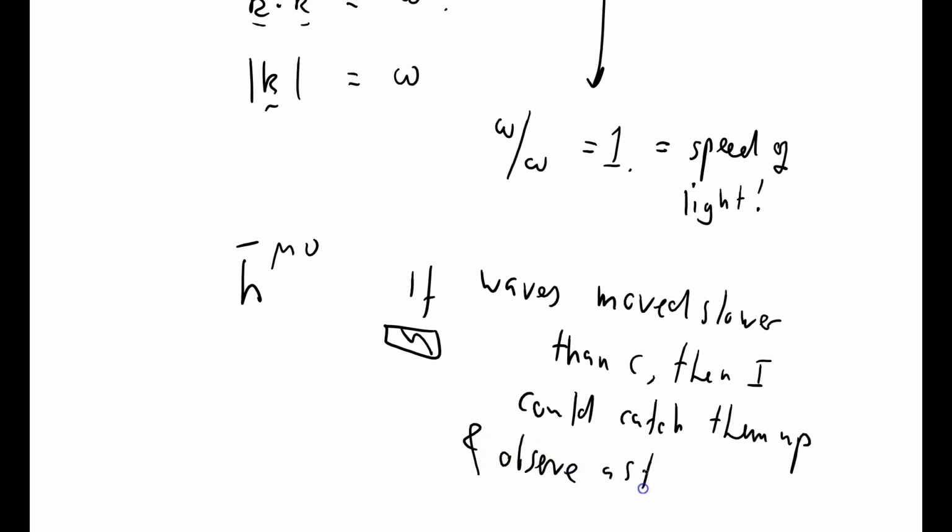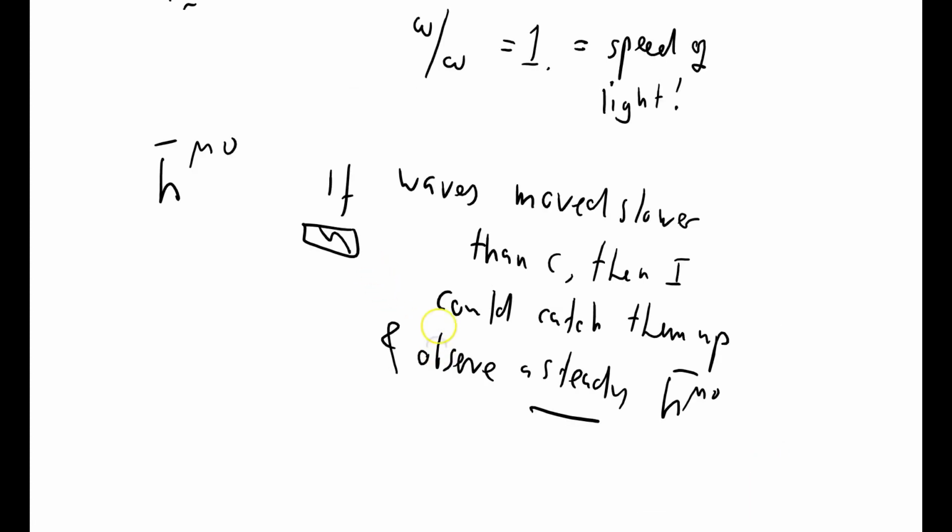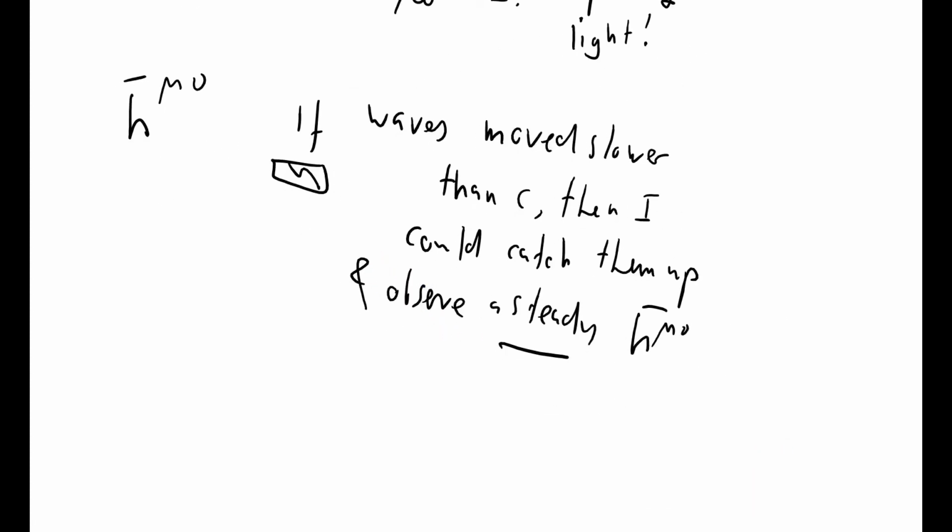Observe a steady perturbation tensor. Is that plausible physically? I'm not sure. No, it isn't. Well, the whole thing's crazy because they do move at the speed of light. What I'm wondering aloud is, is this obvious?